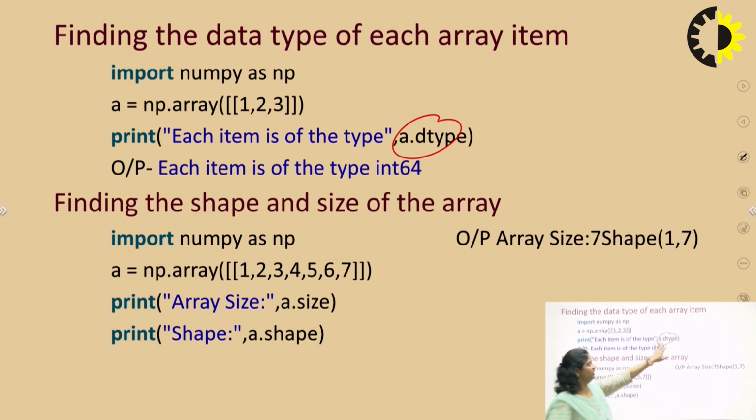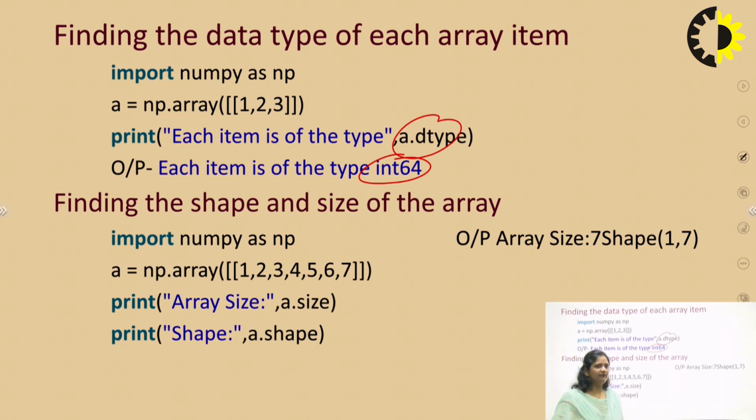When we put this syntax, all the elements in that array are going to produce the output, what will be the data type of all the elements of the array. So all the elements in the array are of integer type. Clear? Now in the second program, we have to find the shape and size of the array.